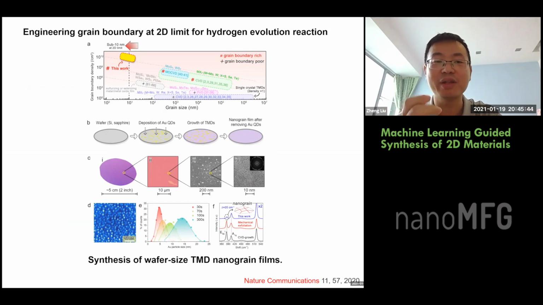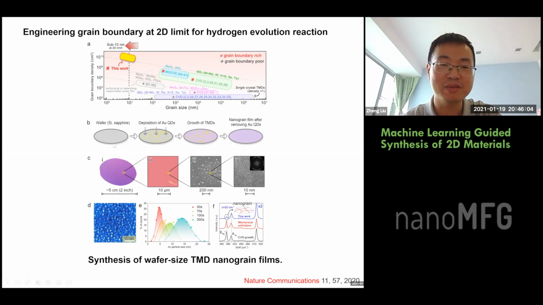People are creating defects, point defects, grain boundaries so that they can enhance the catalytic performance of the materials. So we are thinking of that. Can we produce the materials with really, really high grain boundaries?